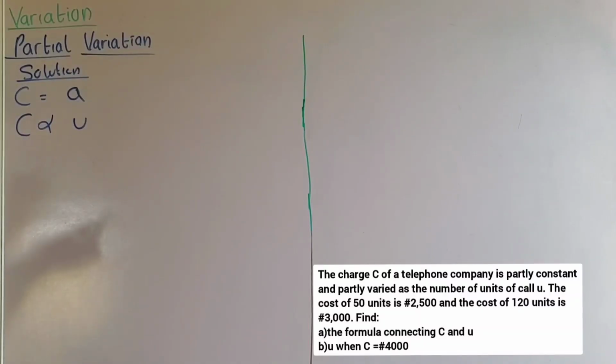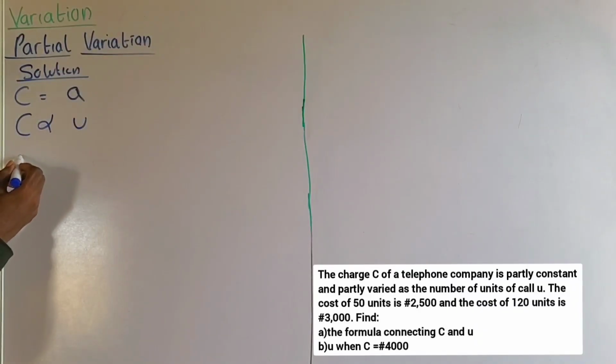The question says the charge C of a telephone company is partly constant. So a part of C is constant, and I represent the constant as A. Are you getting it? Now that same C partly varies as the number of units called, and we represent it as U. Okay. The cost of 50 units is 2,500 naira.